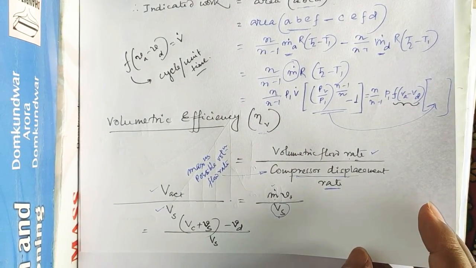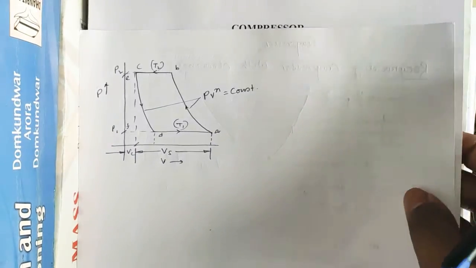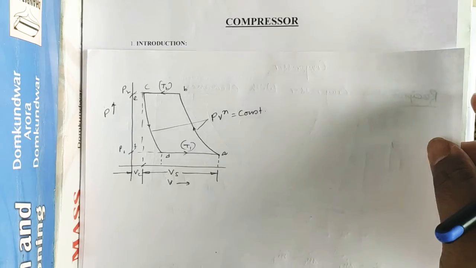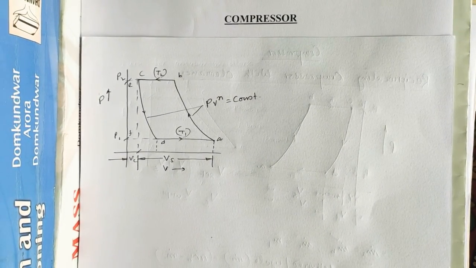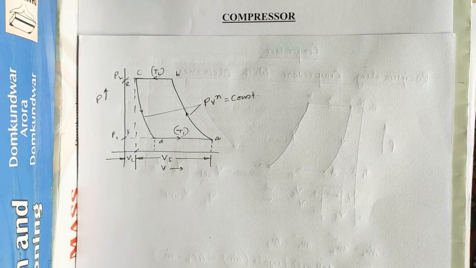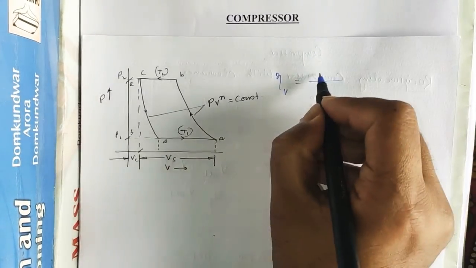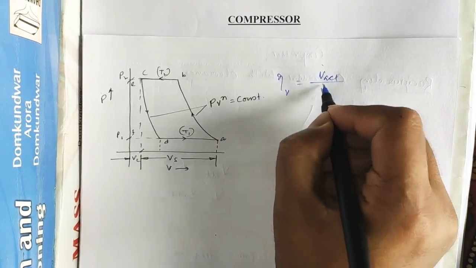Now there is an expression for calculating this volumetric efficiency. What is the expression? If you look at the same diagram, regarding this calculation, volumetric efficiency eta V is V actual by V swept.